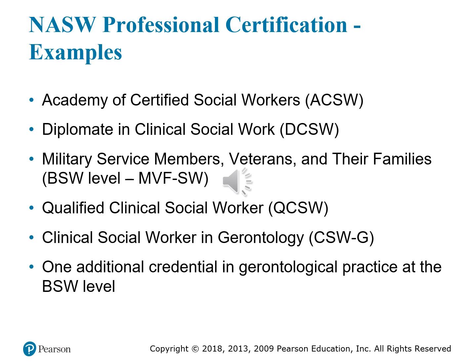Listed below are a few more certifications that you can obtain after receiving your Master's of Social Work degree. You can become an Academy of Certified Social Workers member, a diplomate of clinical social work, a military specialist, or an agency-based qualified clinical social worker.